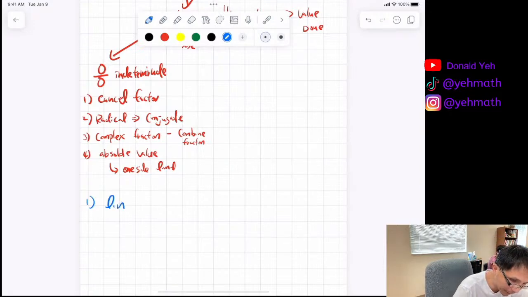If you have the limit as x approaches 2 of x squared minus x minus 2, wait, hold on a second.